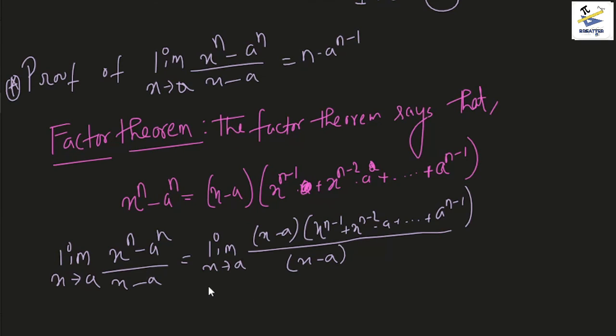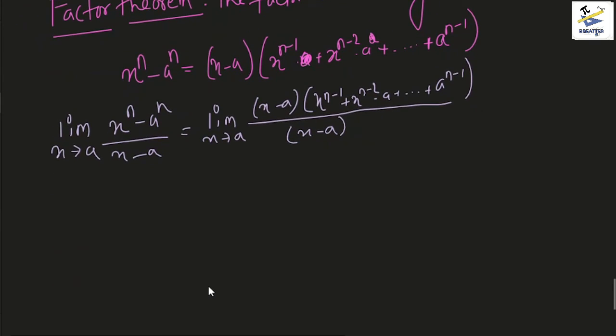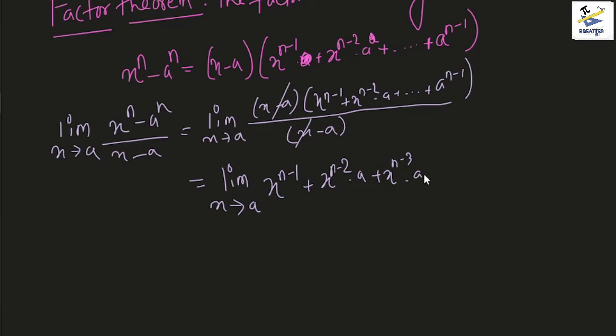Now since I have already told you x tends to a means x doesn't equal a, so we can carefully cancel this, and we are left with limit x tends to a of x to the power n minus 1 plus x to the power n minus 2 into a plus x to the power n minus 3 into a squared, and all the way up to a to the power n minus 1.